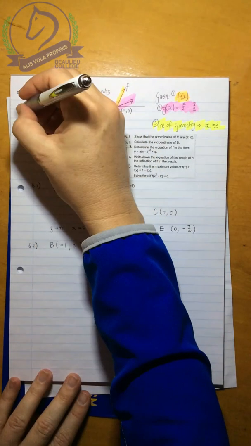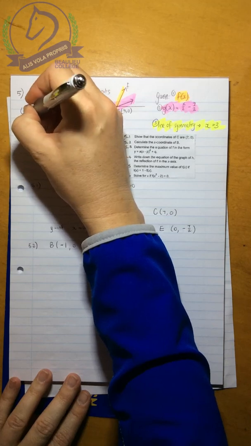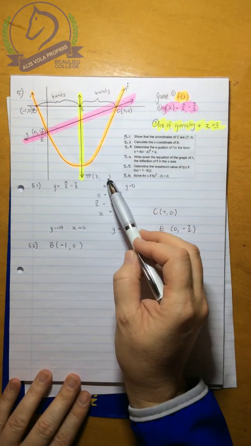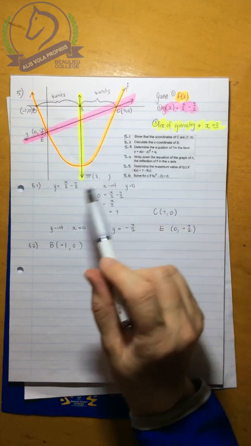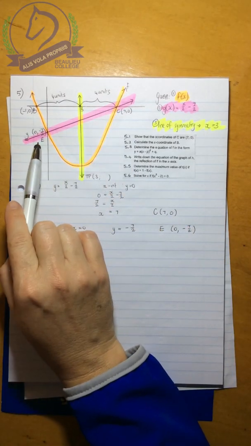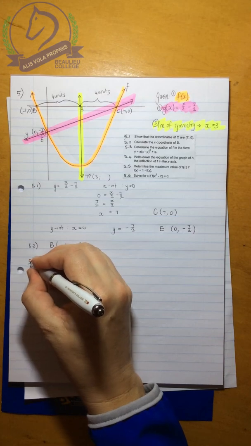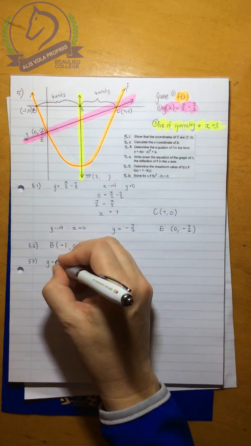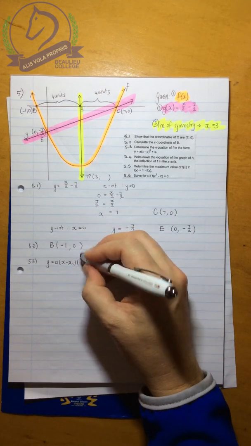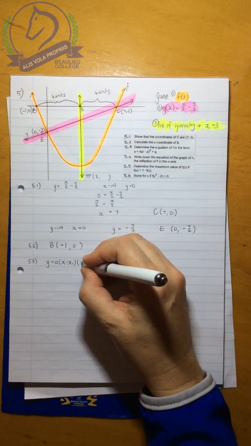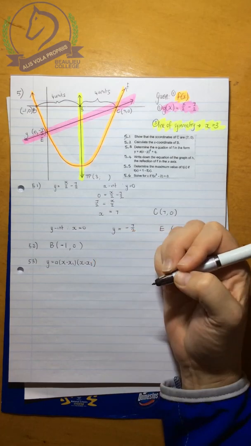Now, what do I have at this stage? I don't have a complete turning point, so I can't just plug it into that formula. I do have 2 x-intercepts and a y-intercept, so automatically I have to know my theory, and I need to write down y is equal to a(x minus x1)(x minus x2).